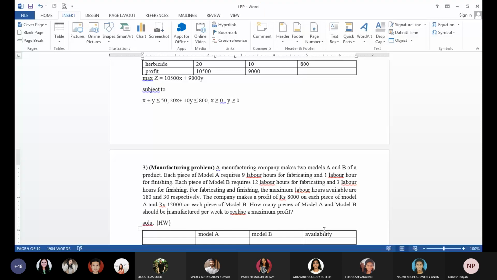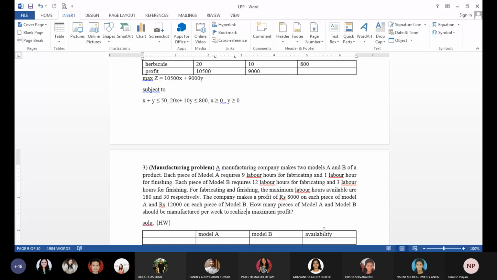Now, what does the question say? यहाँ पे how many pieces of model A and model B should be manufactured to earn a maximum profit? That means यहाँ पे तुम लोग को पहले formulate करना है, फिर उसको graphical method से solve करना है, क्योंकि question में पूछा है how many pieces.